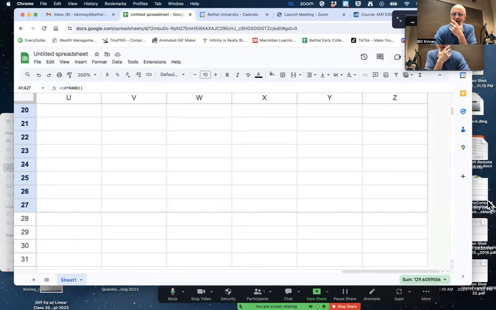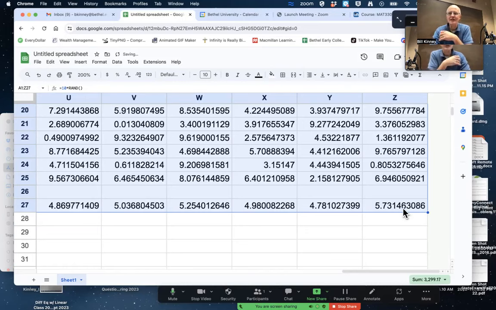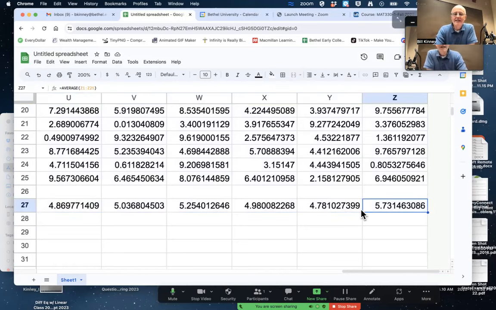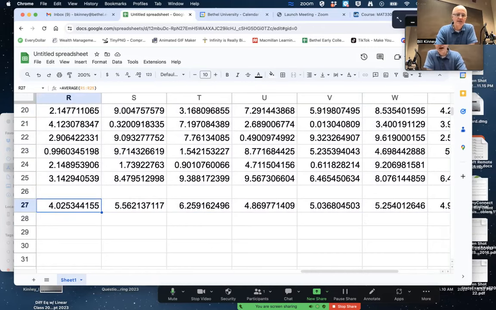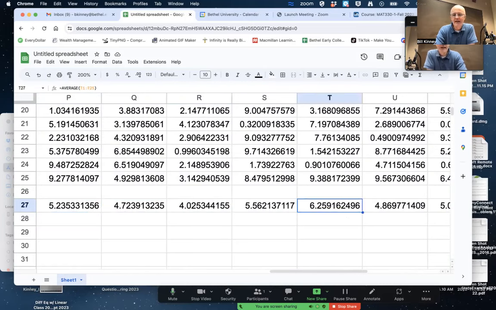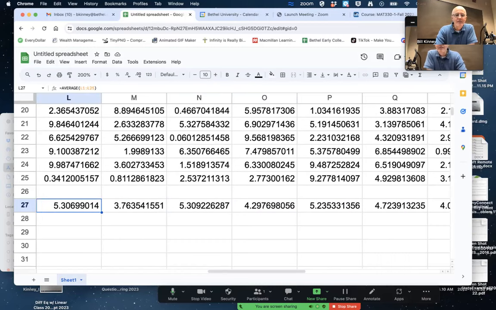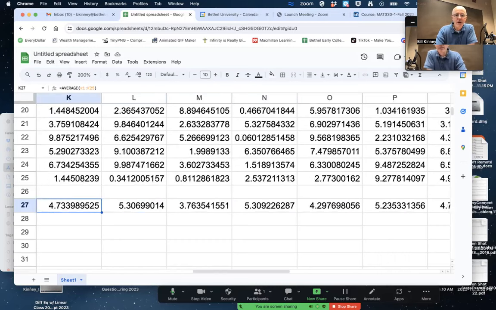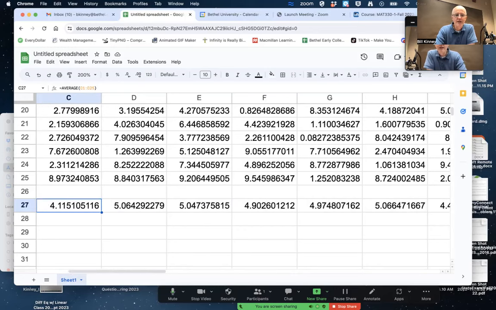Copy and paste these over. Column Z, which on Google Sheets is where it stops unless you add more columns. So now I've got 26 values of x bar, some less than 5, some bigger than 5, some significantly bigger than 5, you might say, on a relative scale, 6.26 there, 3.76 there, but mostly they're pretty close to 5.